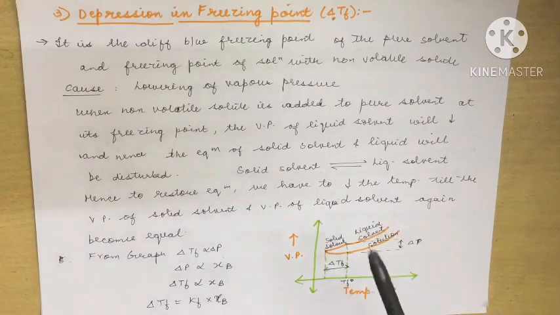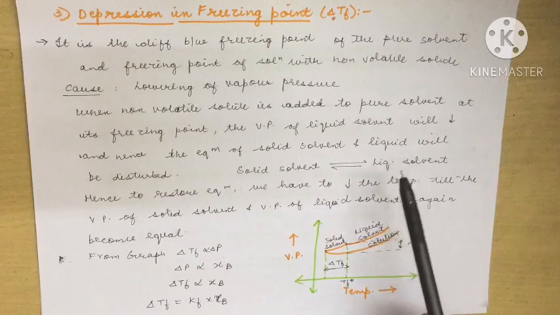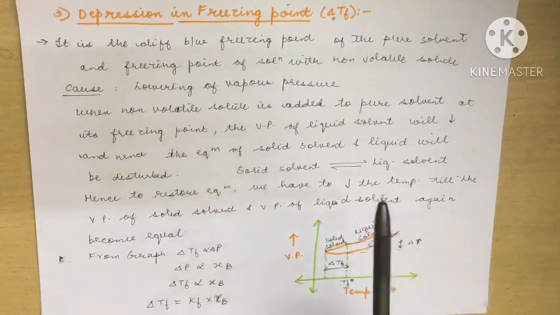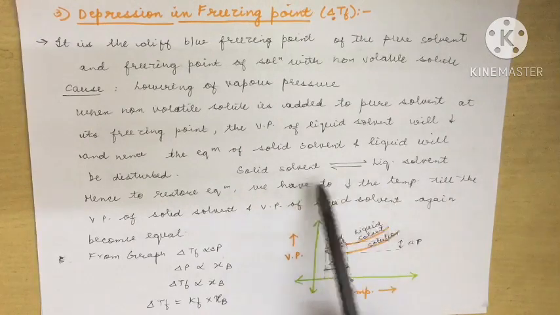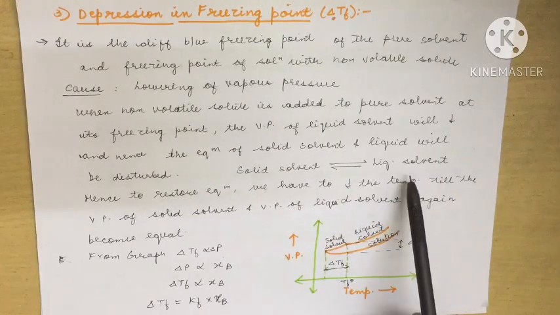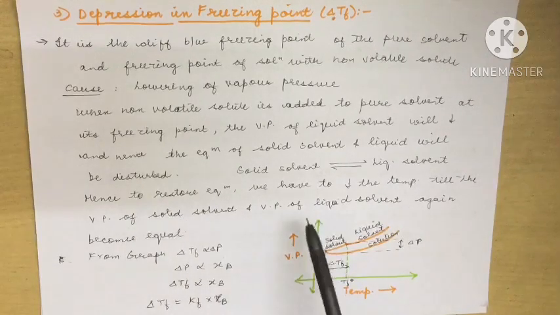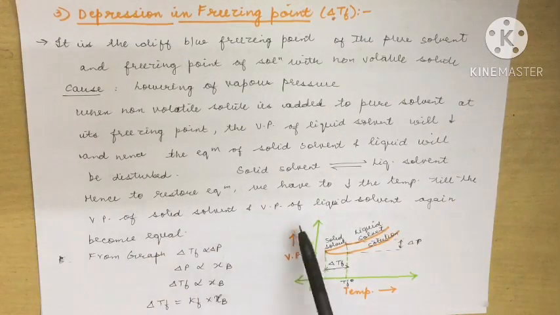So here the solid solvent and the liquid solvent have an equilibrium, but this is disturbed when we add the non-volatile solute. This was the equilibrium which was earlier present, but now it is disturbed due to the addition of non-volatile solute. Hence, to restore the equilibrium, we have to decrease the temperature till the vapor pressure of solid solvent and the vapor pressure of liquid solvent again become equal.